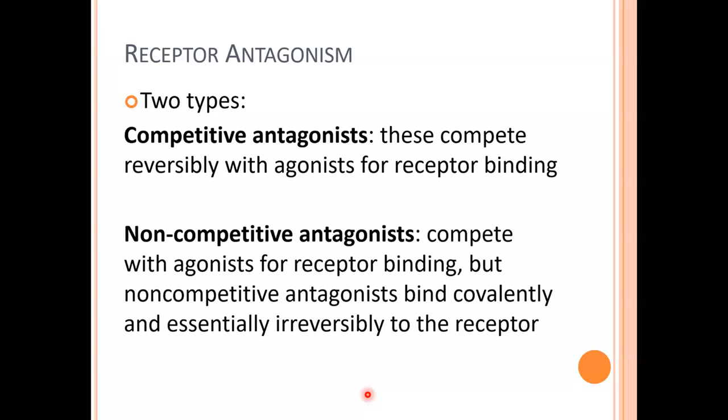It will outcompete it. But a non-competitive antagonist, this is where effectively when the antagonist binds the receptor, it shuts it down irreversibly. So that means your drug is never going to work on the receptor. Doesn't matter how much of a dosage you provide. The receptor is closed.